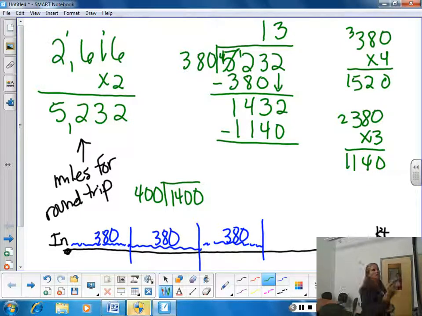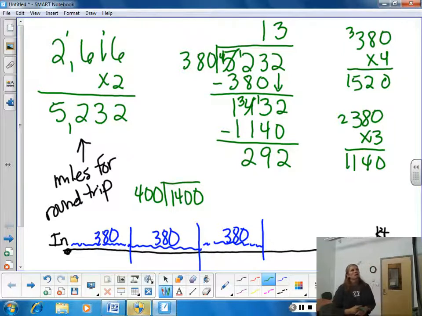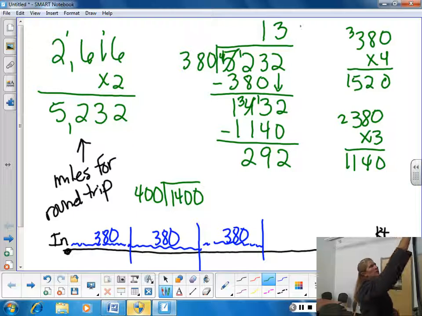2 minus 0 is 2. And 13 minus 4 is 9. 3 minus 1 is 2. So then I've got this remainder, because 380 doesn't go into that.